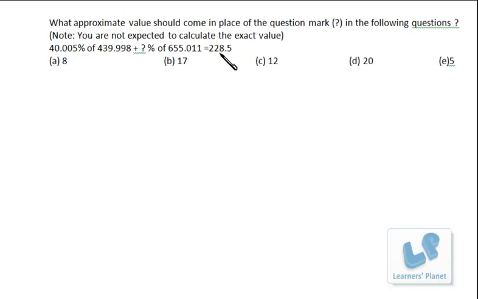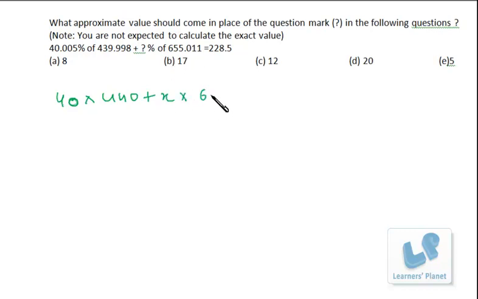Now immediately what is the second step that you are going to write? This is 40.005%. I just write it as 40 into 439.998. I am approximating it to the higher side, just adding 0.002, that is 440, plus x into 655.